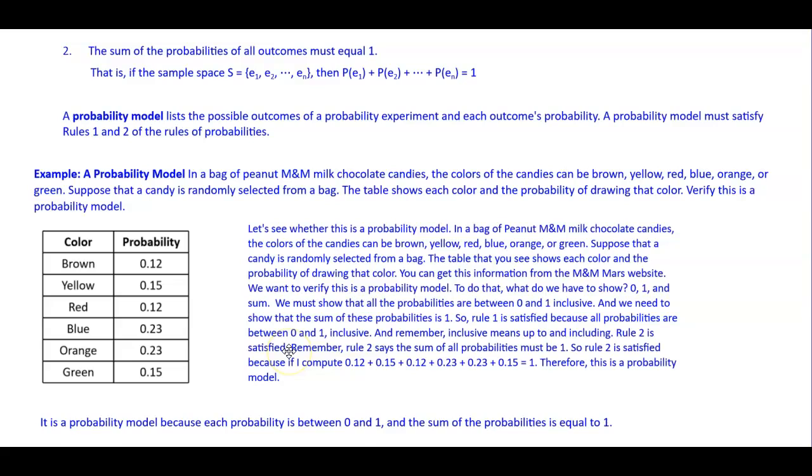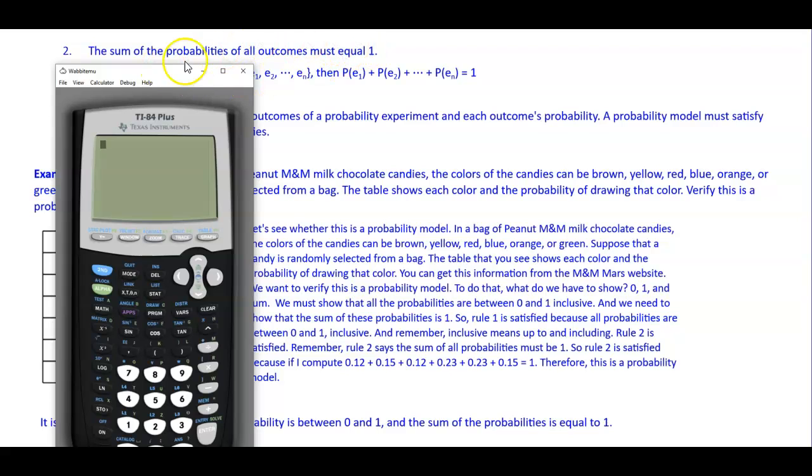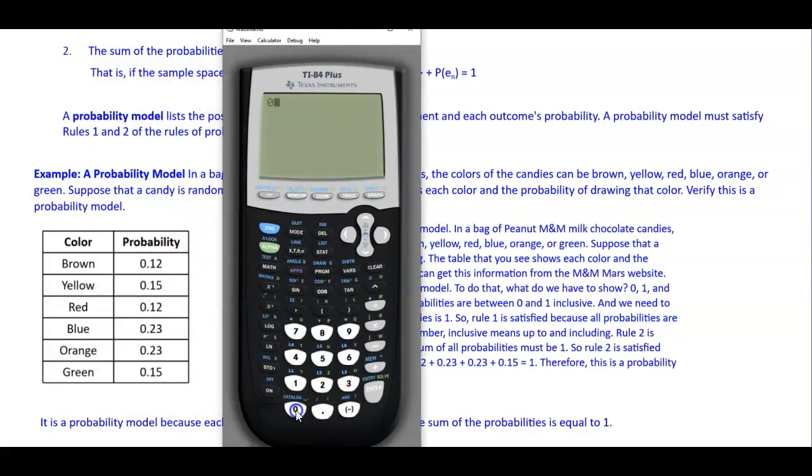Now rule 2 is also satisfied. And remember, rule 2 says the sum of all the probabilities must be 1. So let's add up these probabilities. Okay, we have 0.12 plus 0.15 plus 0.12 plus 0.23 plus 0.23 plus 0.15.